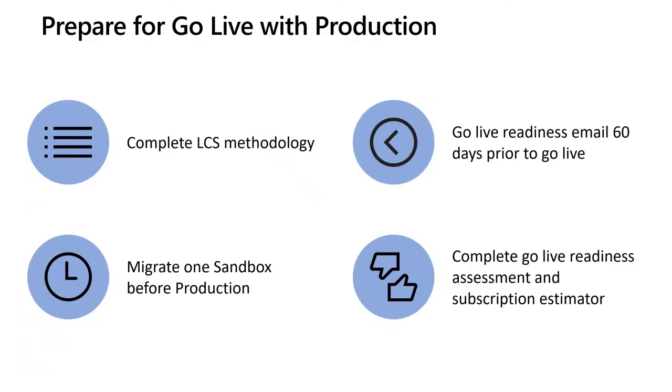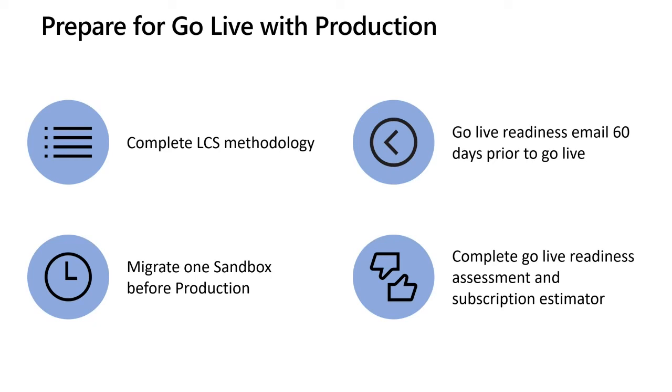Now, once you have done sandbox migration and completed your testing, it is time to discuss migration for the production environment. You will get a go live readiness email 30 to 60 days before your go live date, which you have set in the LCS. You must migrate one sandbox before you can migrate the production.